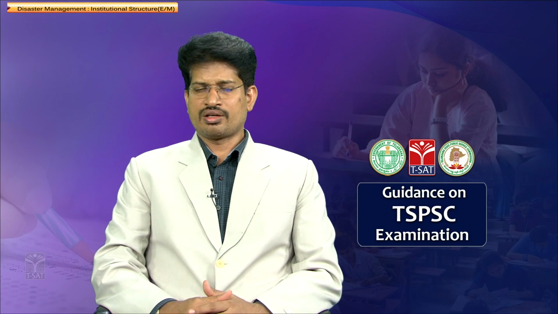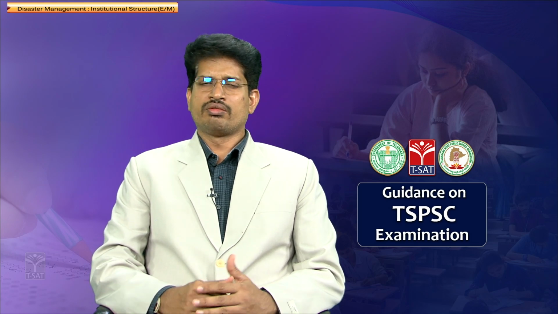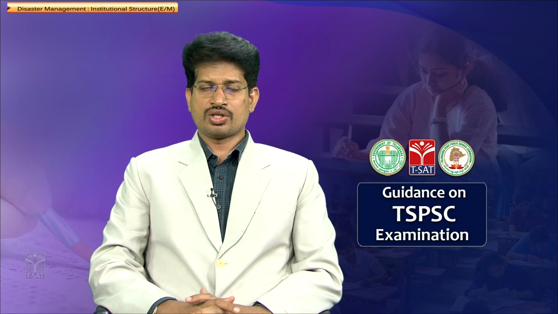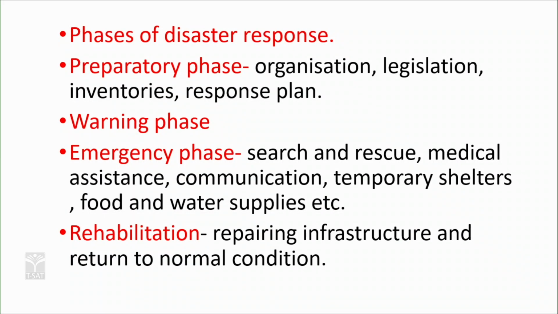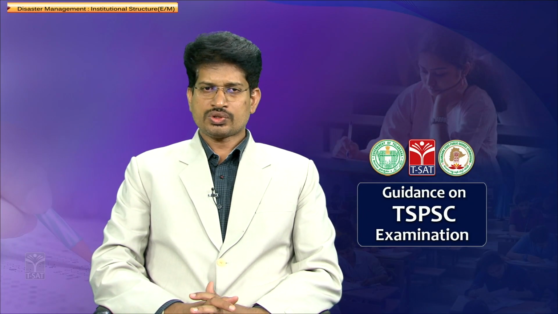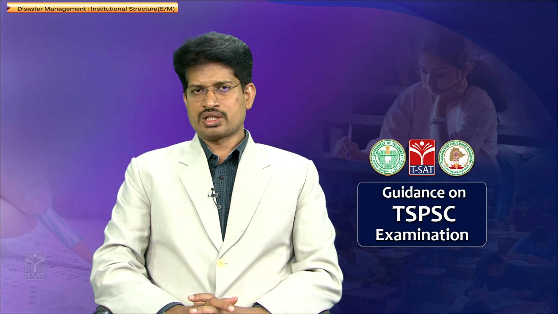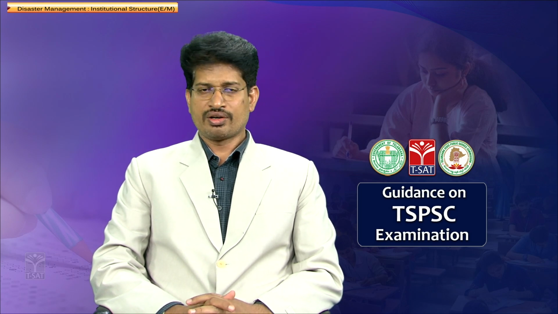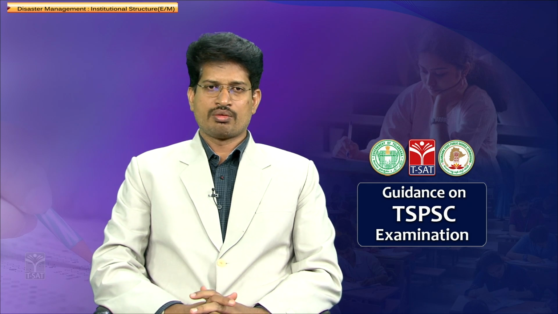In this hierarchy, the executive needs to act accordingly. Next, inventories. You need to store certain essential goods and services and transport them to the essential place. Response plan: what to do for a cyclone, what to do for an earthquake, what to do for a warfare, etc. need to be planned.